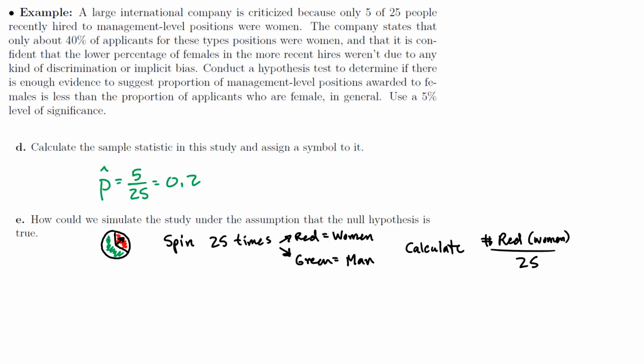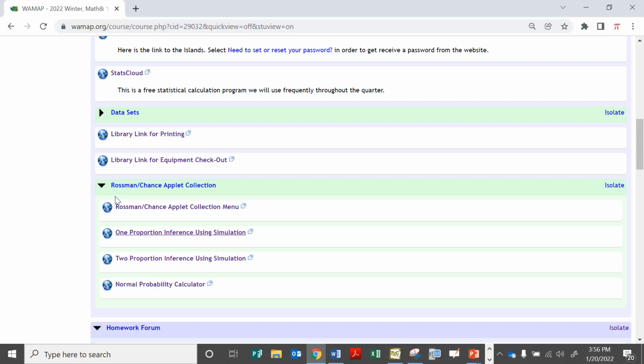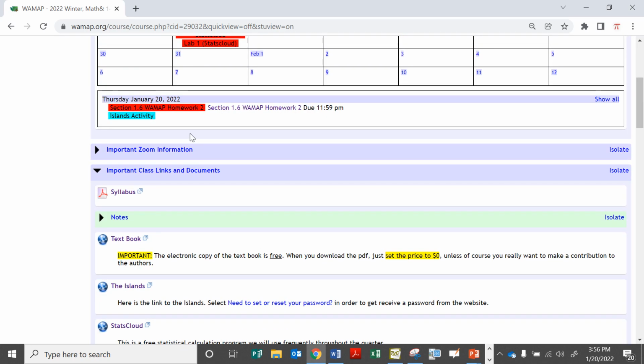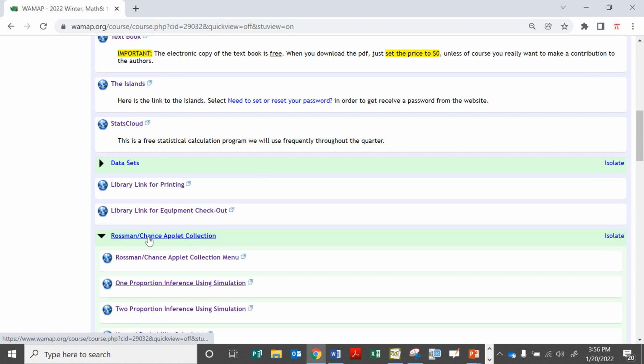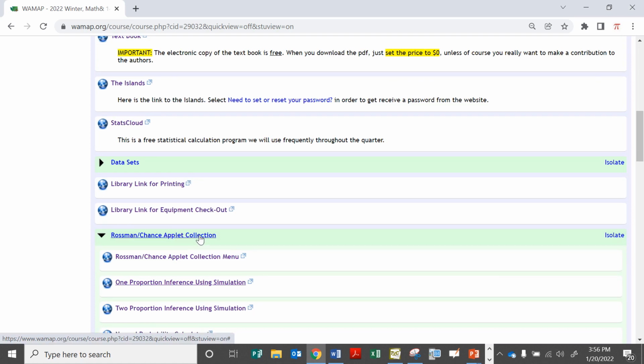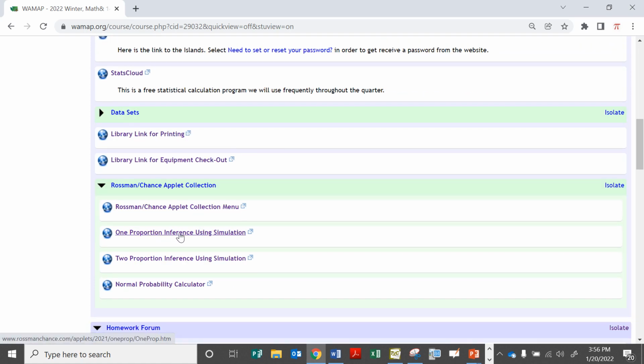So to actually conduct our simulations, we will go ahead and use the Rossmann chance applet that we used last time. So on our WAMAP page, under Important Class Links and Documents, go down to the Rossmann chance applet collection, and we're going to pick the one proportion inference using simulation.